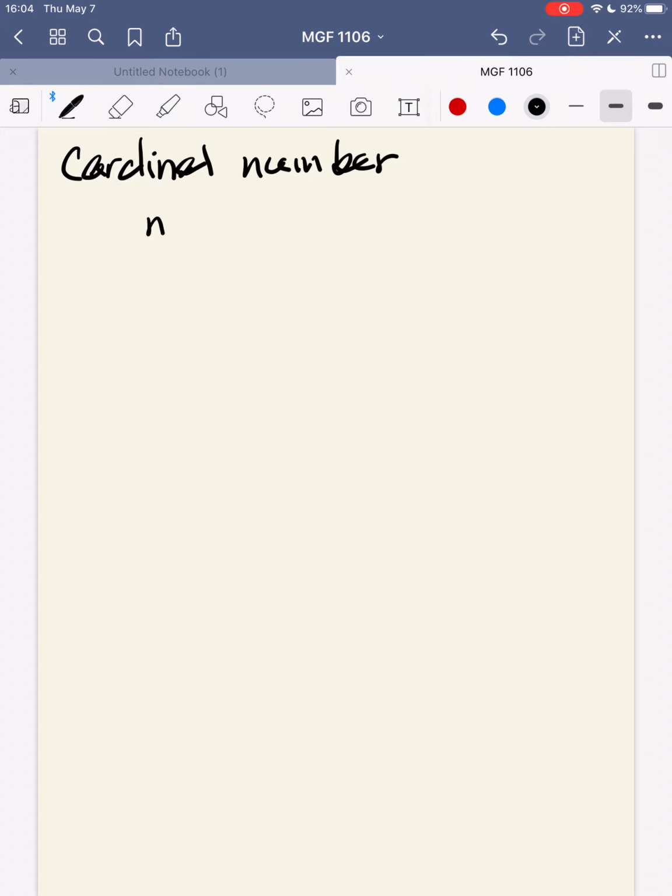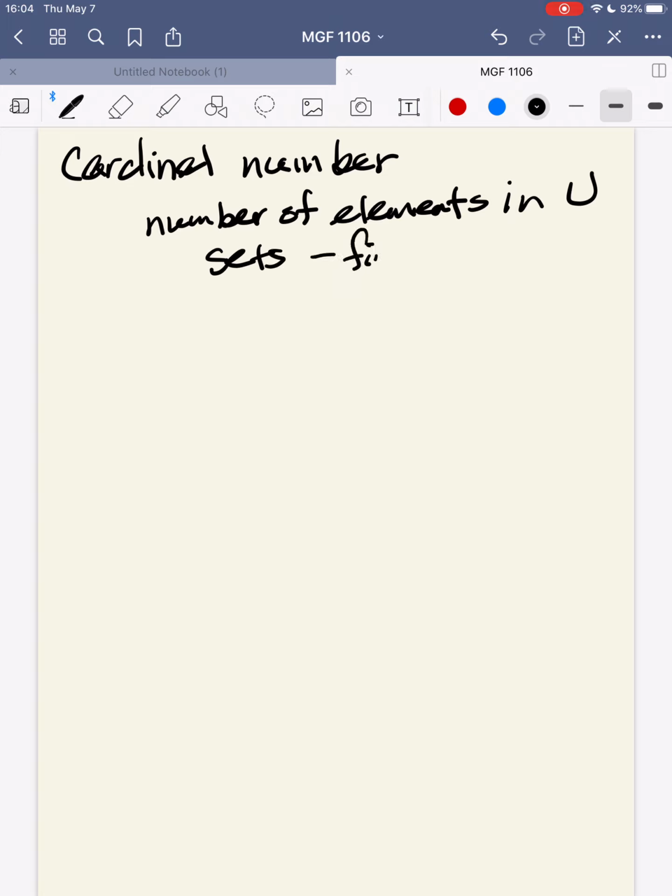Okay, and these sets, of course, must be finite. There's going to be no infinity going on. Okay, and it's just a formula.